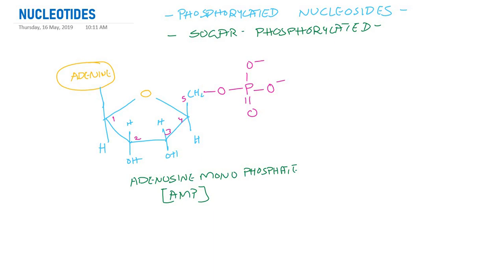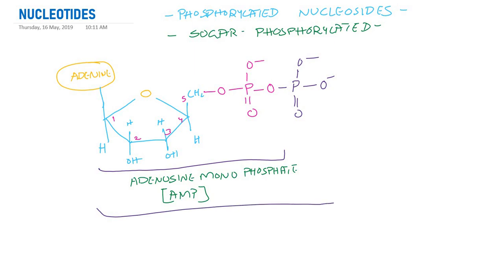Now another phosphate group can also be attached here. Here you can see another phosphate group is attached. Now this will become ADP. So from here to here it is AMP. Now from here to here it will become ADP, that means adenosine diphosphate.